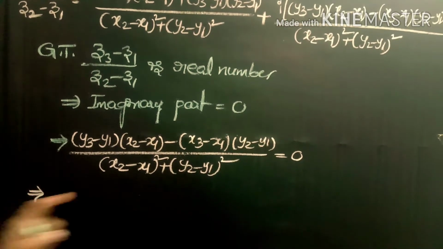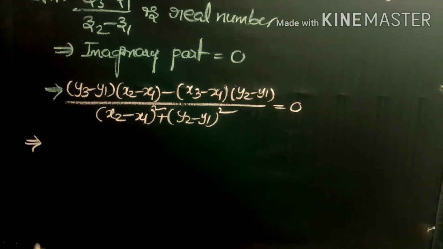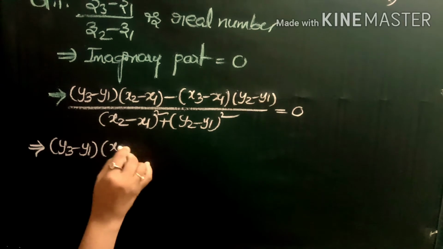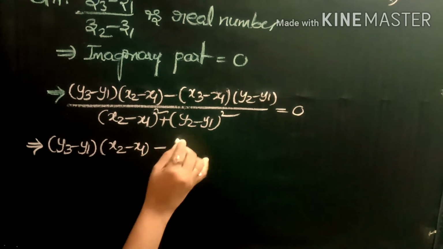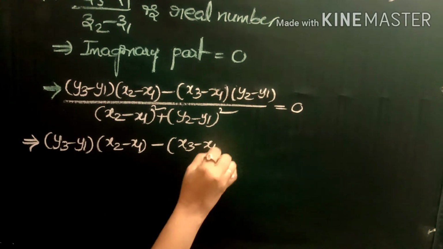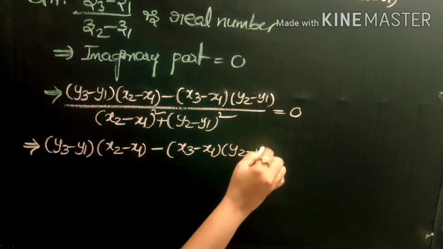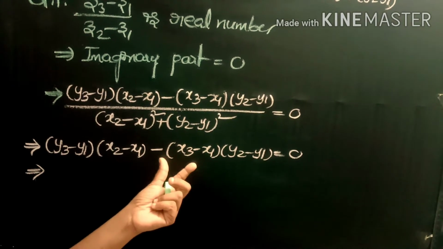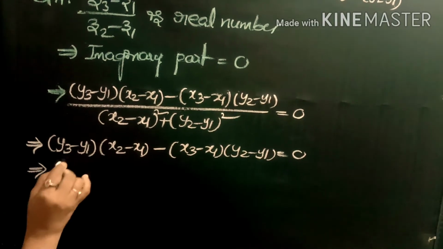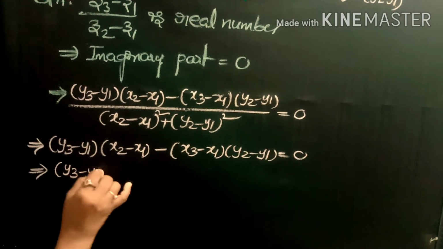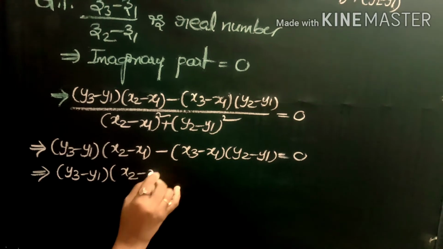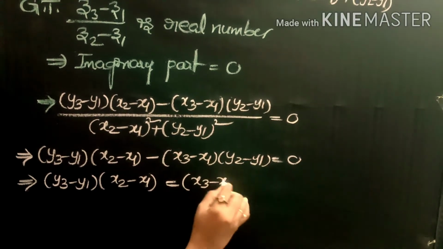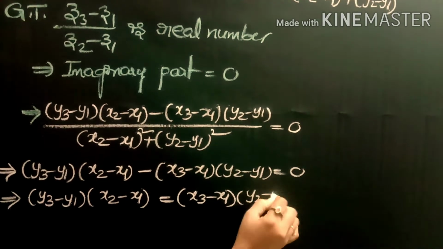That is, taking the cross product, 0 into this value becomes 0, which implies (y3 minus y1) into (x2 minus x1) minus (x3 minus x1) into (y2 minus y1) is equal to 0, which implies writing this negative term to the other side, it becomes a positive term. So (y3 minus y1) into (x2 minus x1) is equal to (x3 minus x1) into (y2 minus y1).